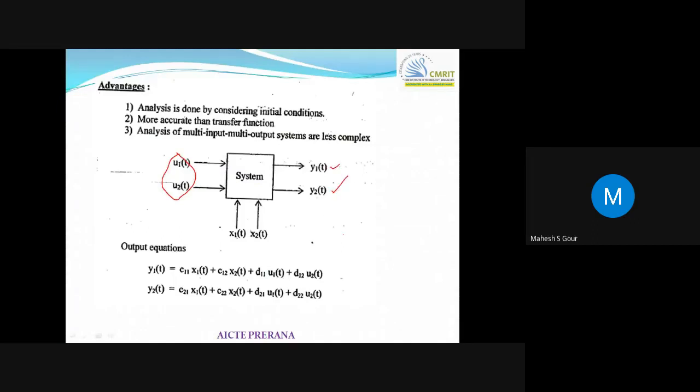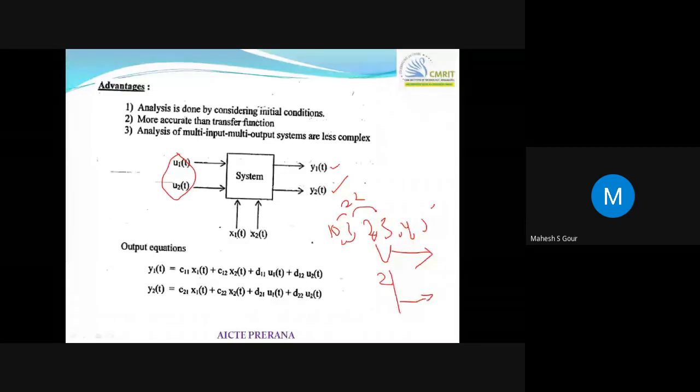See, suppose you run a fan, and every 2 seconds you increase the speed, right? So this is your 2 seconds, and here is your 2 seconds, and here is your 2 seconds. After 6 seconds, you want to do analysis, after the third speed, and now I won't increase it.